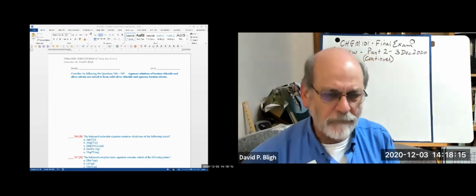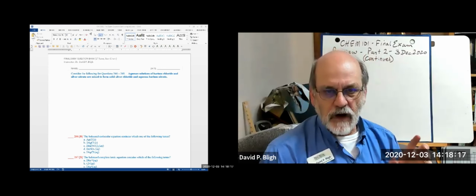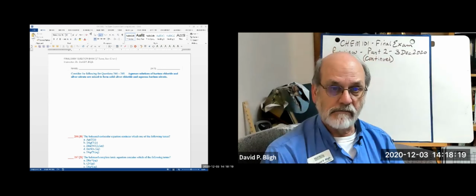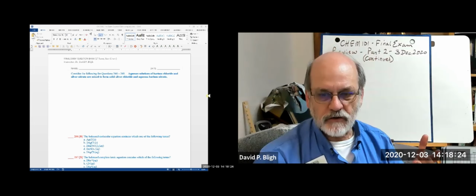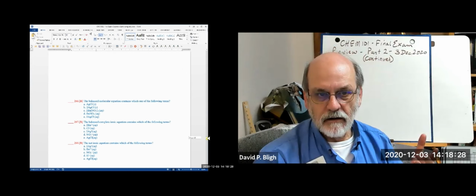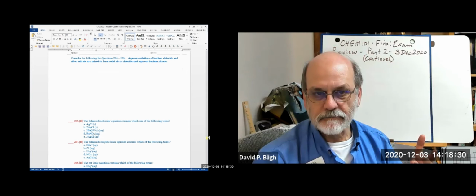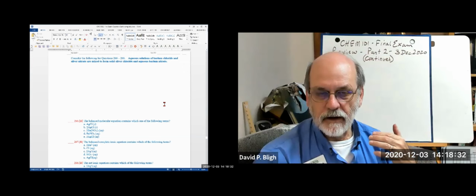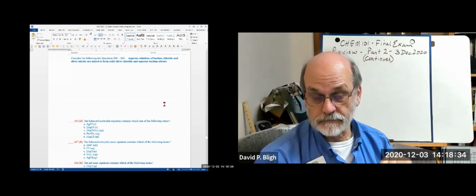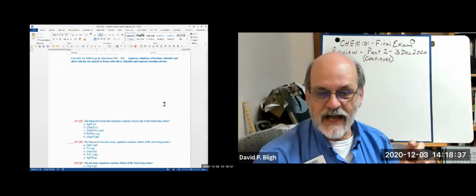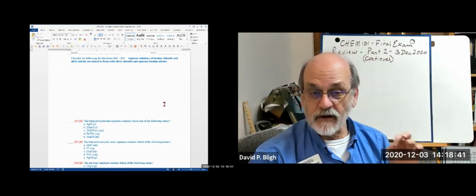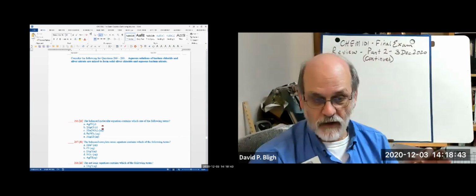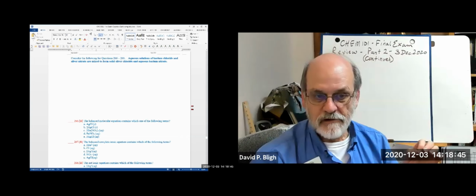So now we're at the point. We need to balance this equation. But the question requires that you don't just balance it. You recognize that it's a precipitation reaction, and that the question asks for 3 different versions. The balanced molecular equation is where you start. So that will be answering this question.